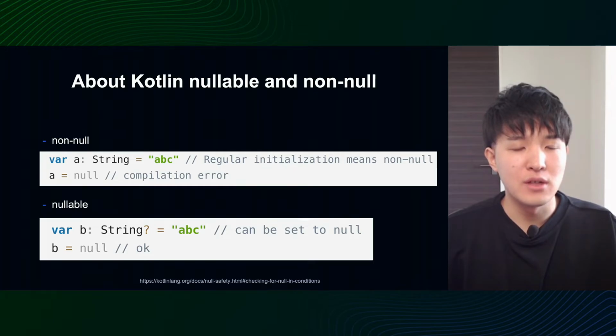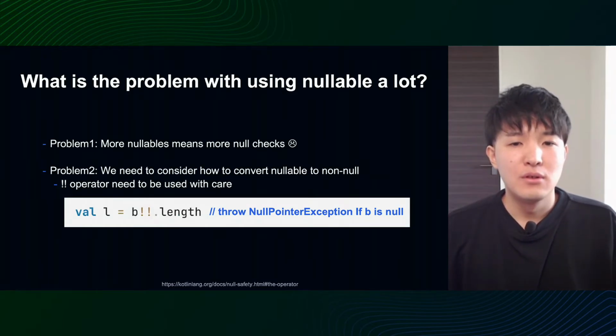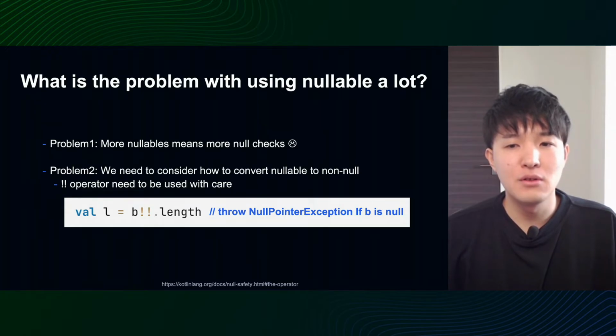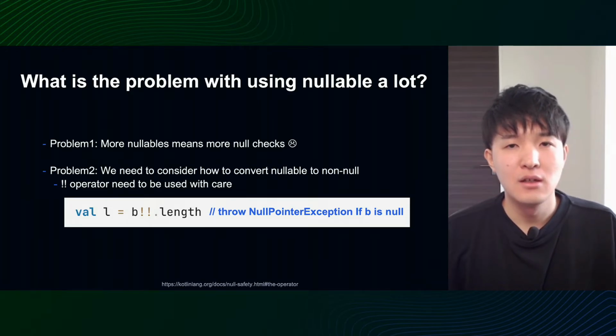Nullable will not give you an error if you set null in the code. But if you use too many nullables, what will happen? Well, more nullables mean more null checks. You may have checked a variable for null, and sometimes you have to repeat the process without a reason.